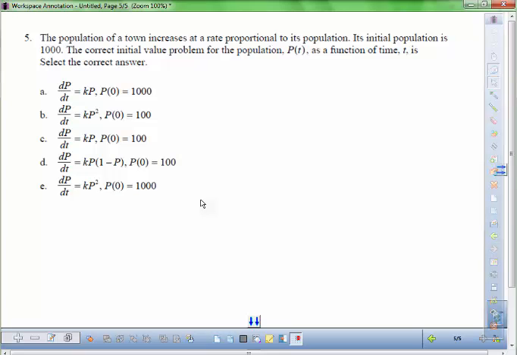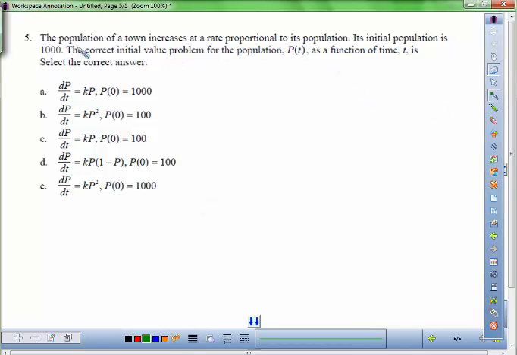Okay. All right. Population of a town increases at a rate proportional to its population. Its initial population is 1,000. The correct initial value problem for the population is given by this function. So this is a translation part.